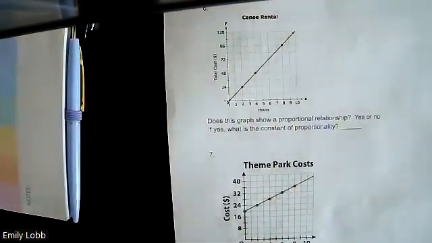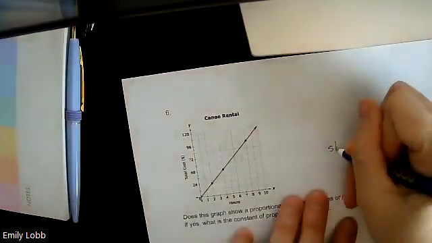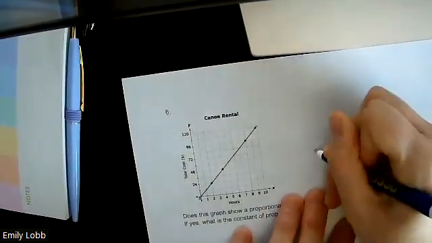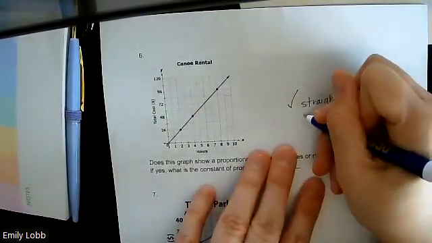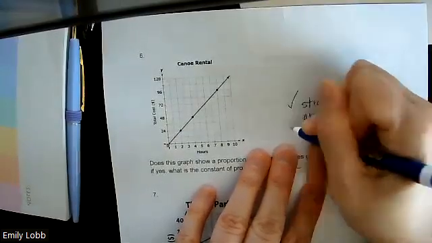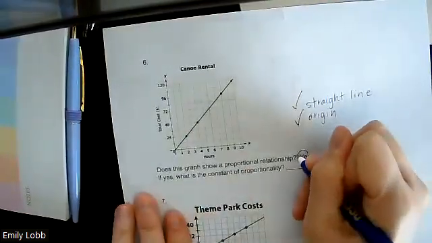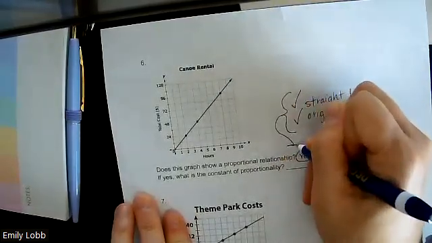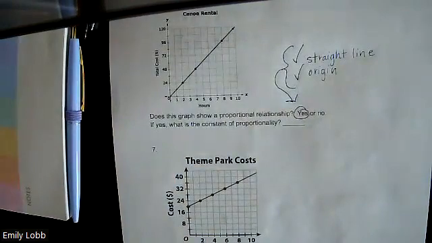Now we have some tables. Does this show a proportional relationship? Is it a straight line? Yeah. So it is a straight line. Check to that. And it goes through the origin. Check to that. So we can say, yes, these two things make it proportional. If yes, what is the constant of proportionality?